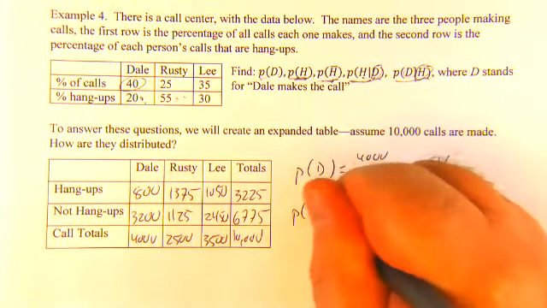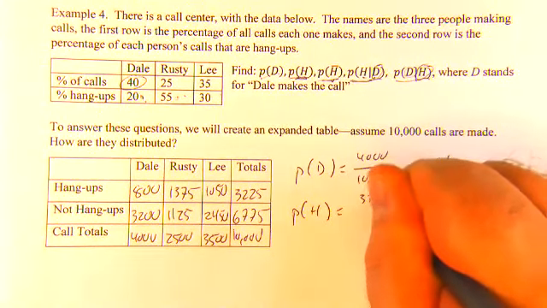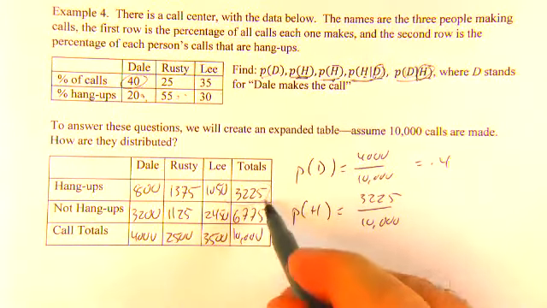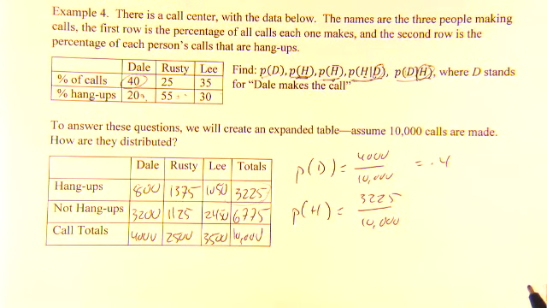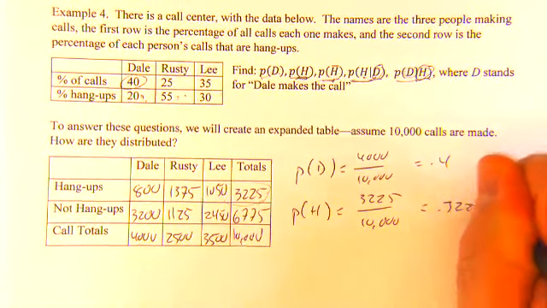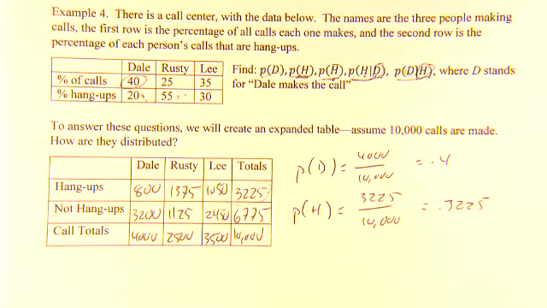What's the probability of getting a hangup? Well, 3,225 out of 10,000. Right. And what is that? Oh, that's actually easy to do. 0.3225, so 32.25%.